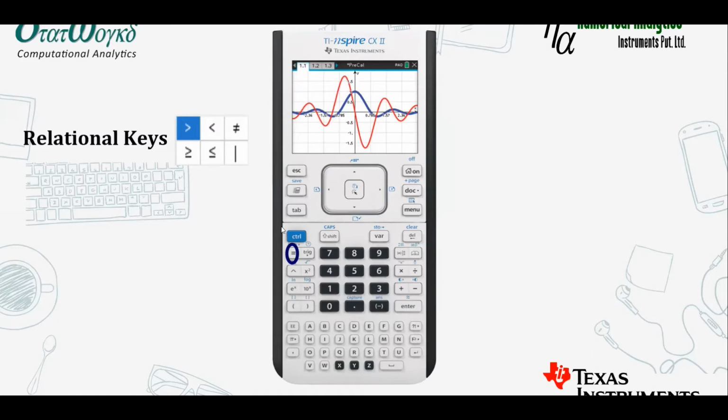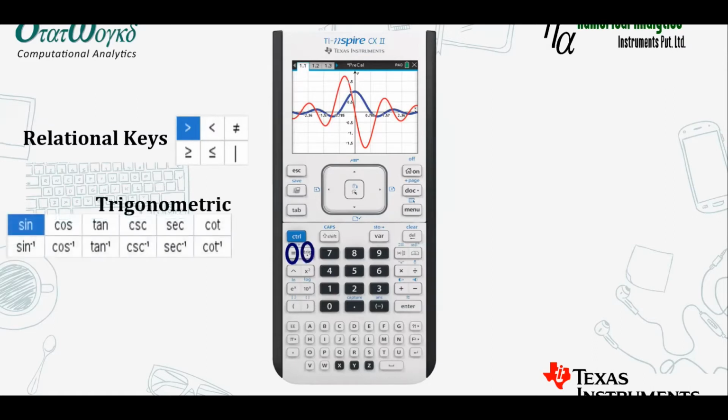Beside this, you have the trig key, where you can see all the trigonometric ratios and the inverses of them. Then in the alphanumeric zone, you have this pi key, where you can see all the conversions: iota, infinity, exponential, degree, radian, gradian, and everything.